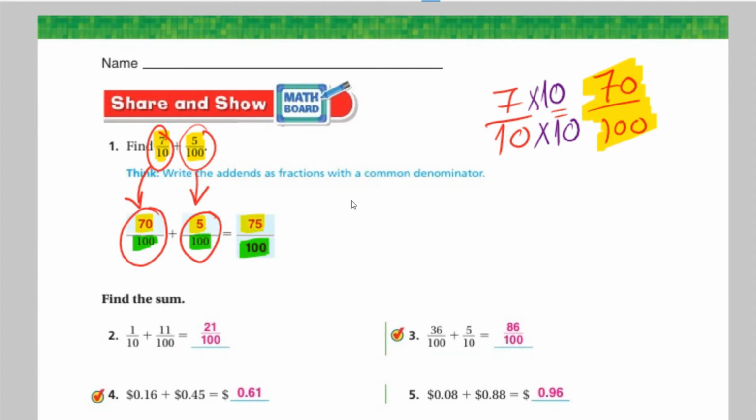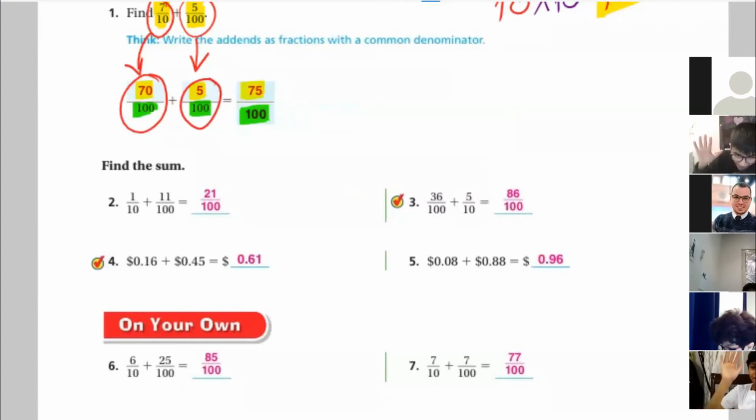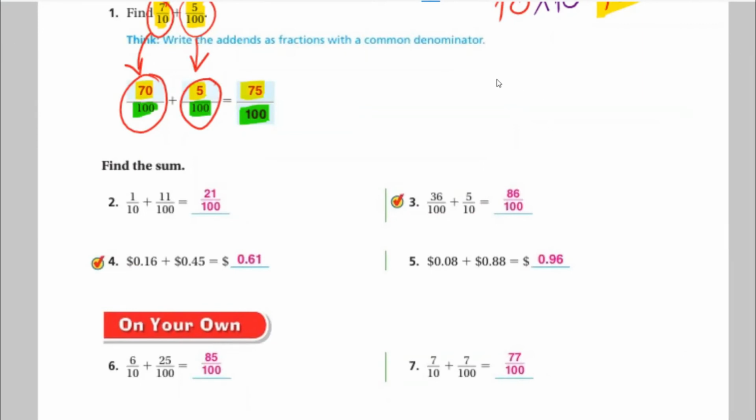Okay, guys, let's see who is next. Ahmed al-Shammasi. Okay, Ahmed, the next one. Find the sum. 1 over 10 plus 11 over 100. Can you see here 1 plus 11 equals 12? No, because the denominator is not the same. It doesn't make sense, right?